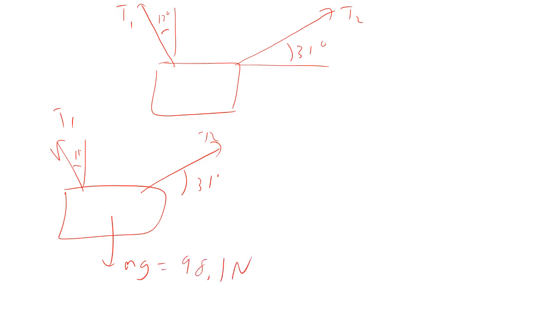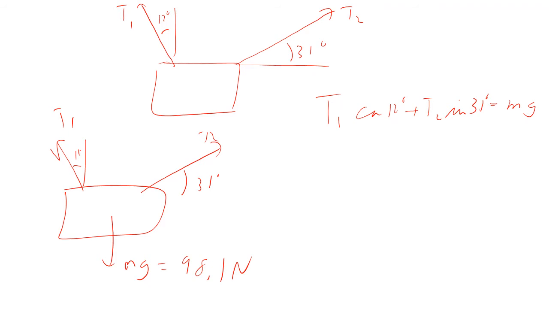So force left equals force right, force up equals force down. Force up is going to be T1 cosine 12 degrees plus T2 sine 31 degrees. That's going to equal mg.